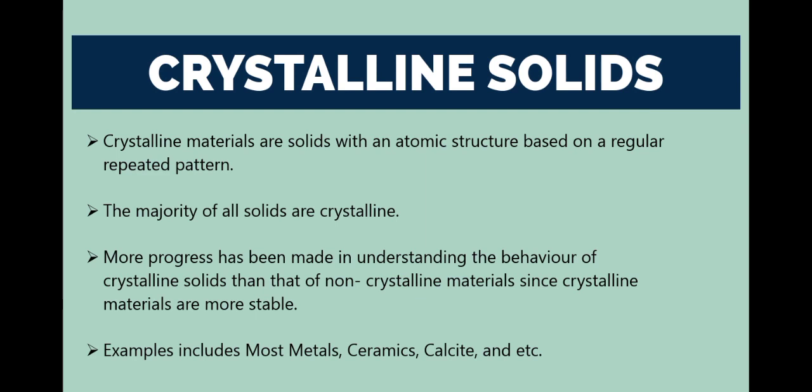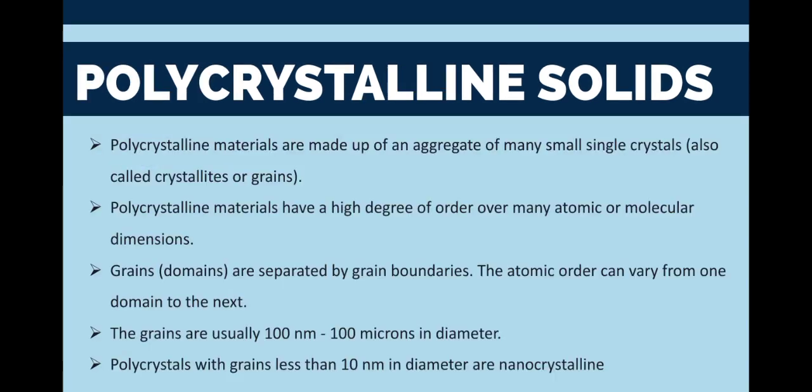So now let's proceed to the polycrystalline solids. Polycrystalline solids are materials made up of an aggregate of many small single crystals, also called crystallites or grains. Each grain within a polycrystalline structure exhibits a regular and ordered atomic arrangement characteristic of crystalline solids.